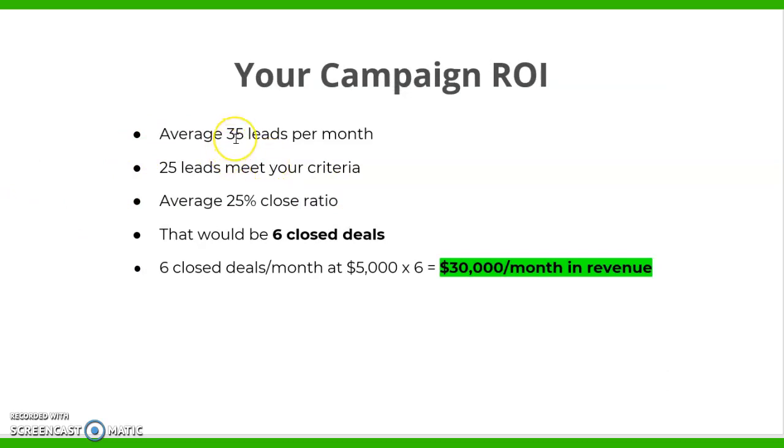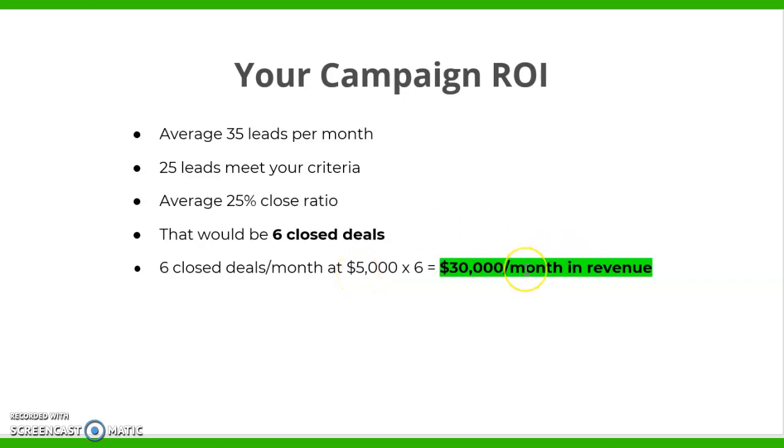Now let's say, for example, you get 35 leads. 25 of those have met your criteria that qualify. Now you get an average close ratio of, say, 25%. That would mean 6 closed deals at $5,000. Let's say your ticket item was $5,000.